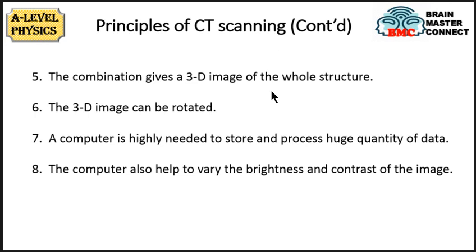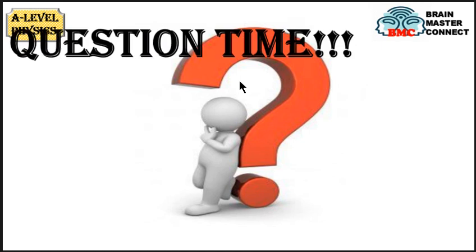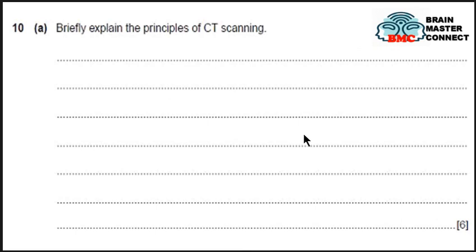So at this point we shall come to the end of our class. Let's quickly consider some questions. You can try to lay your hands on each of these questions. The first question is this: briefly explain the principles of CT scanning.